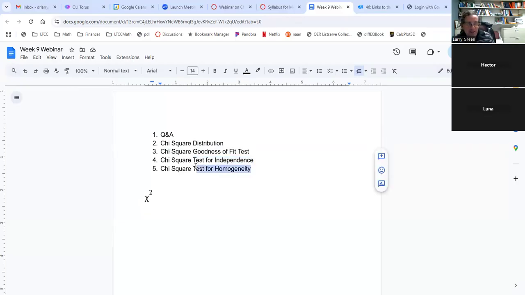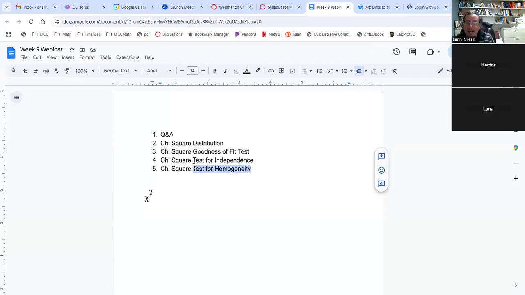And the third one is called the test for homogeneity. Same idea: give an example, talk about what it is, and we'll go ahead and get there. I might briefly talk a little about the project, because that should be a big focus this week.